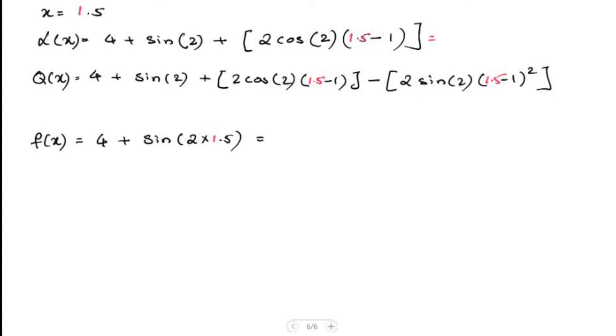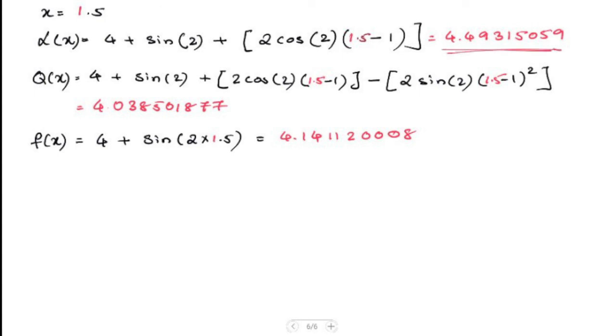So this gives us the value here as 4.49315059, and here we have the value 4.038501877, and here we have 4.141120008.